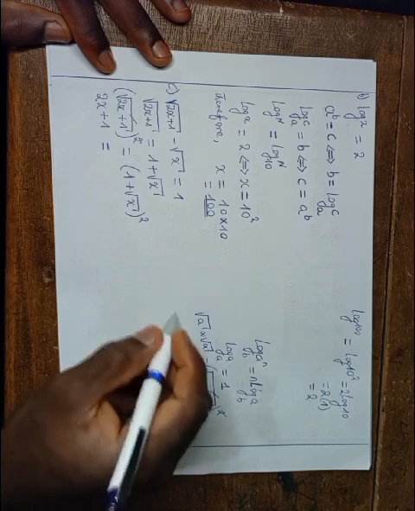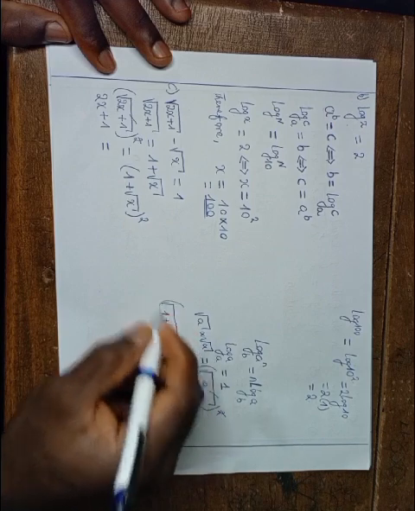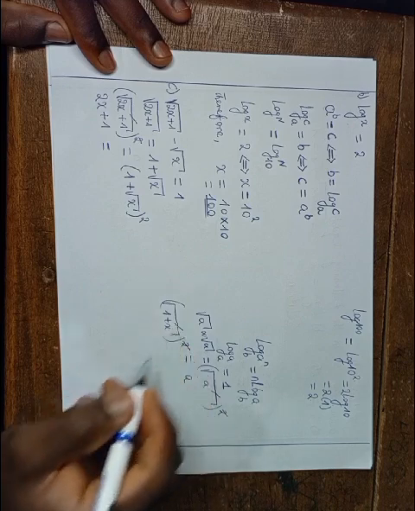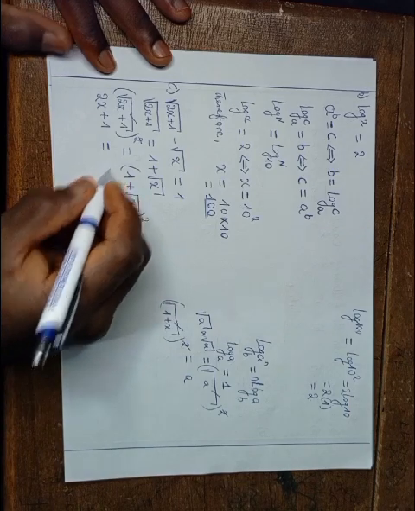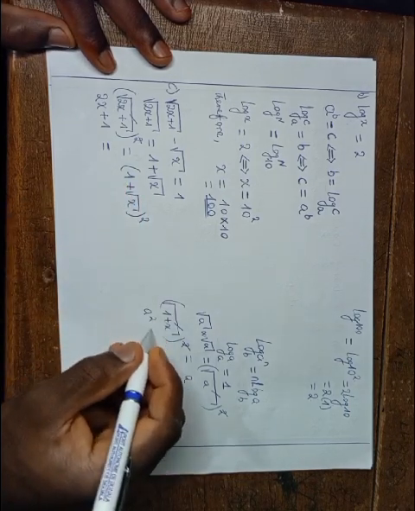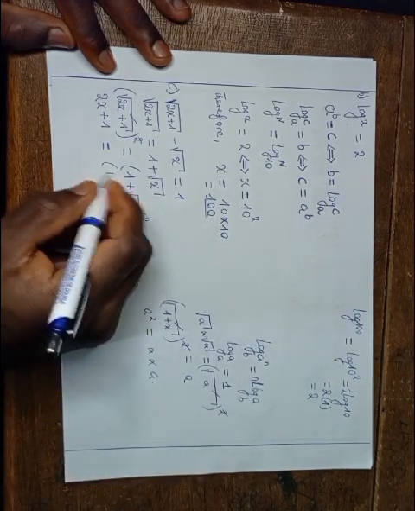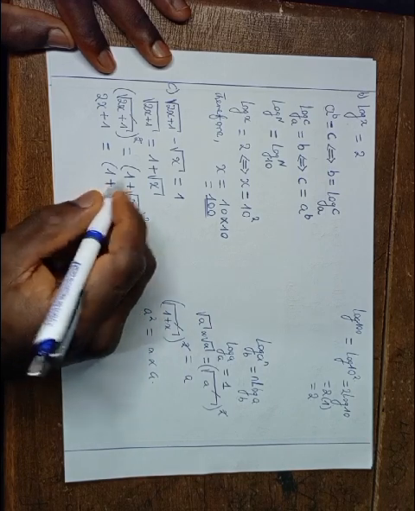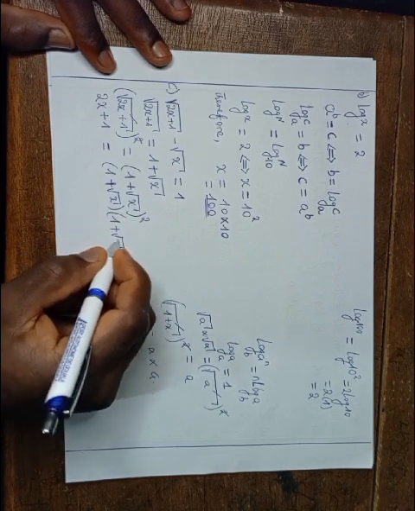If we had, for example, the square root of 1 plus x as such, squared, then we are going to say this and this will cancel. But in such a case, it is not possible. So what we are simply going to do is, we know if we have a squared, it is the same as a times a. So in this case, we are going to take 1 plus root x, since we have all this squared, times 1 plus root x.